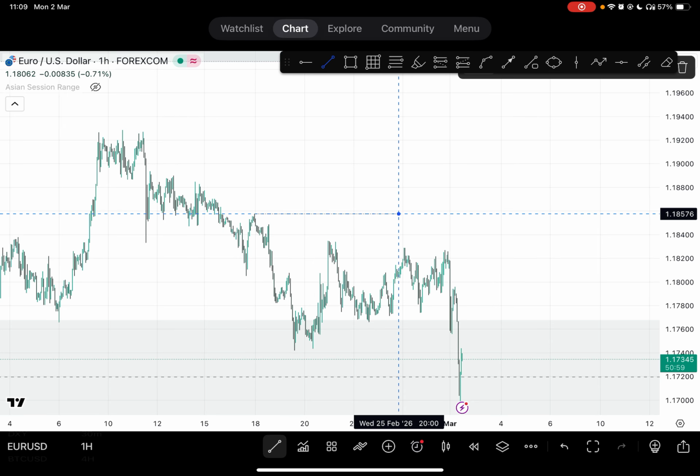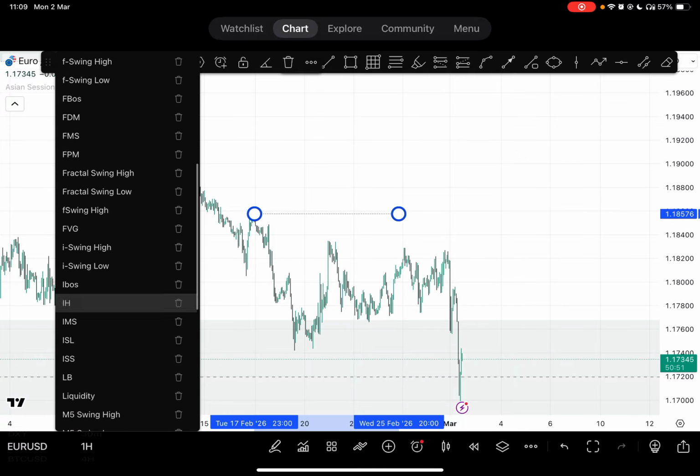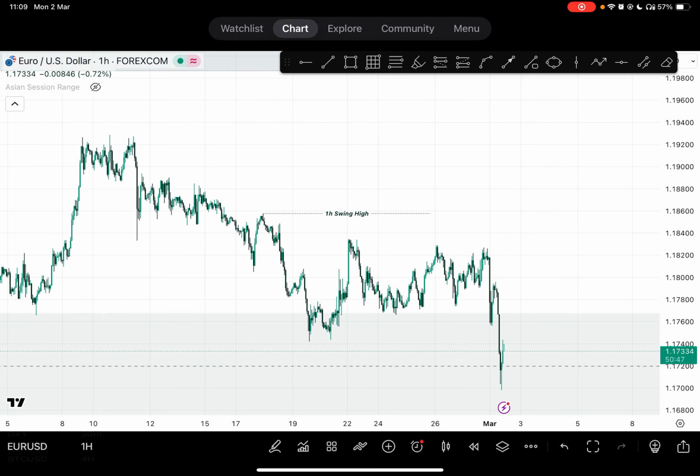This was the swing high. So the 1 hour swing high, and we have this breakout structure here, right?